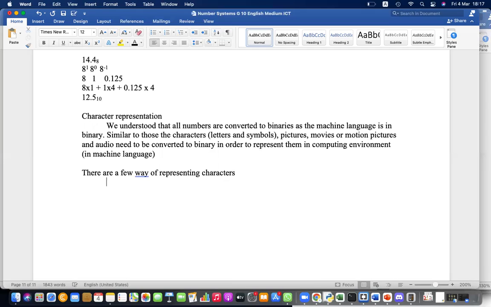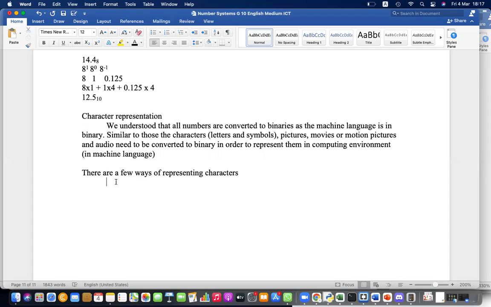We will discuss in advanced level and even in degree level. That part is not there in our syllabus. So don't worry, we will not learn up to that extent, but still we need to learn up to some extent where you need to represent the characters.